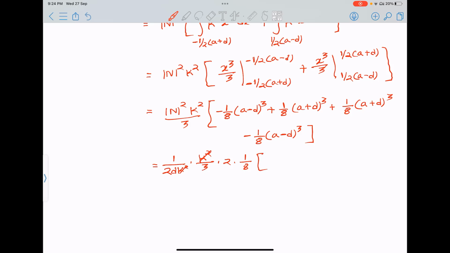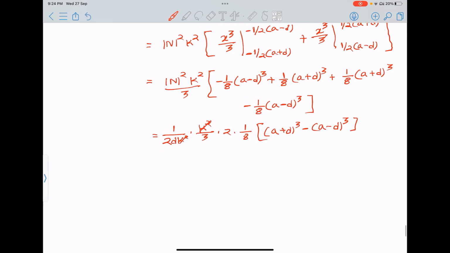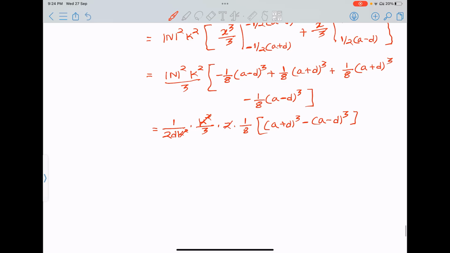So then it becomes a plus d whole cube minus a minus d whole cube. Okay. So these two and these two will also be cancelled. So this will give me 1 upon 24d.